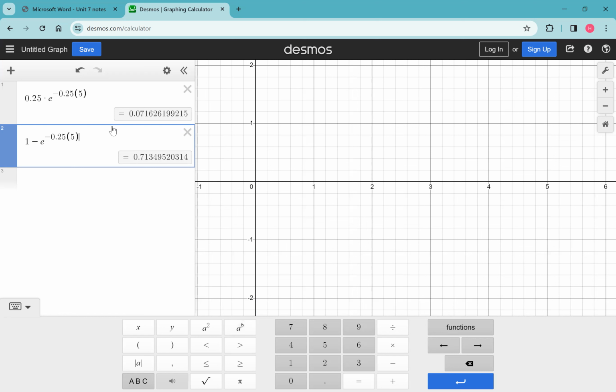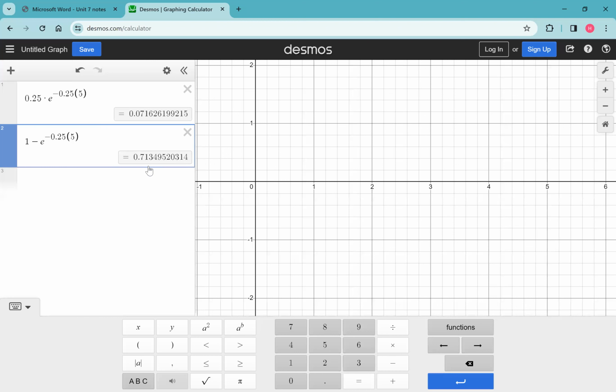Make sure you look at the difference of these two. The probability that the clerk is going to spend 5 minutes with the next customer is 0.07. The probability that the clerk is going to spend 5 minutes or less is 0.71.